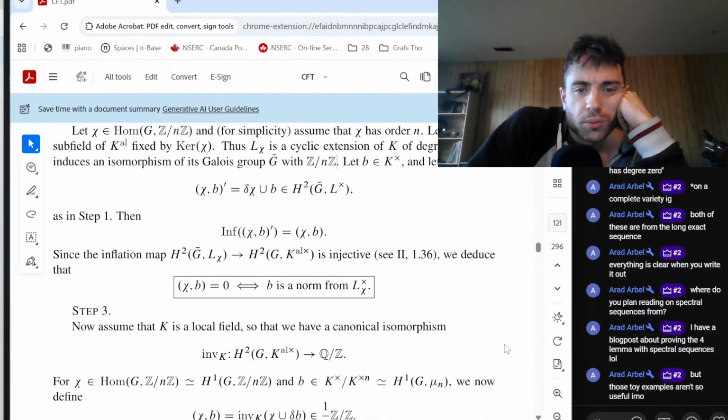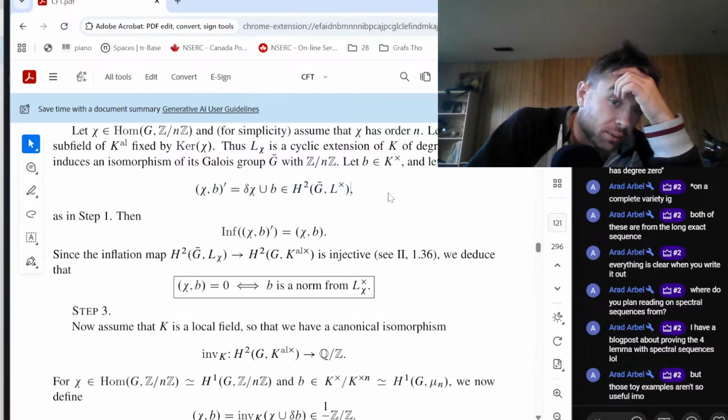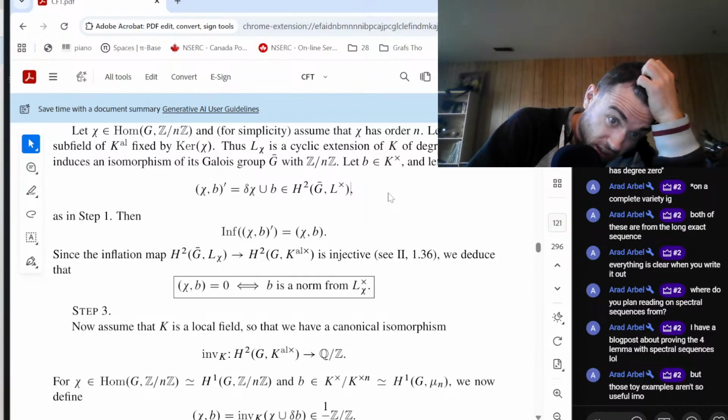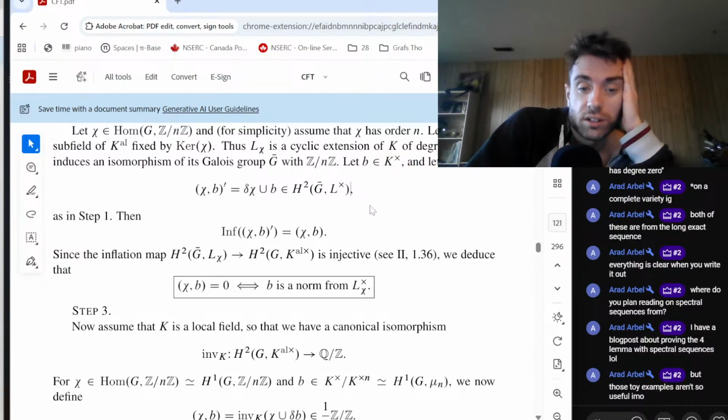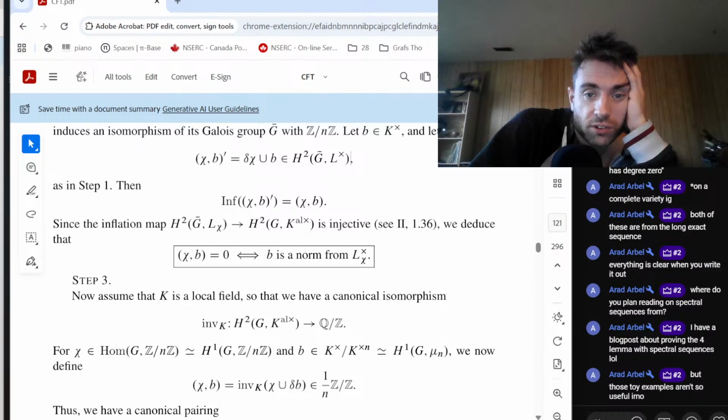This is an isomorphism of the Galois group with Z mod n. We take B in here, and then we're going to define this primed pairing to be here, as in step 1. And then we inflate it to G acting on the algebraic closure, which is, hey, why isn't this hyperlinked?